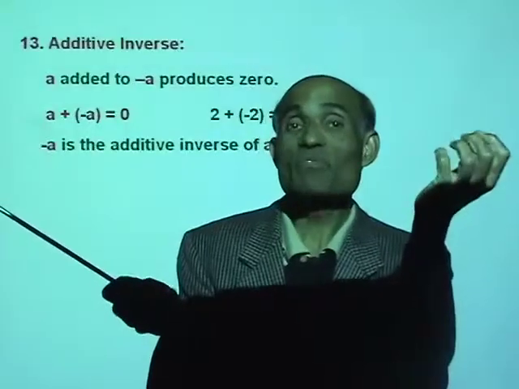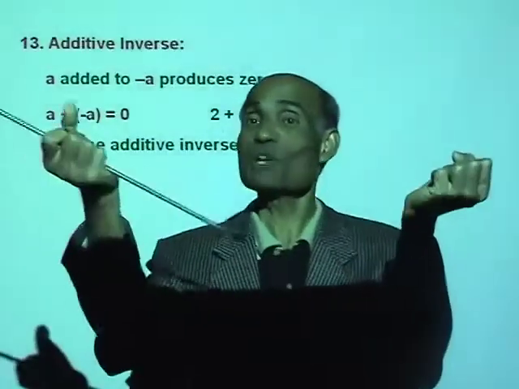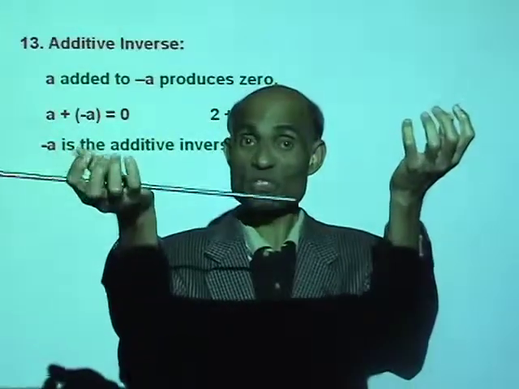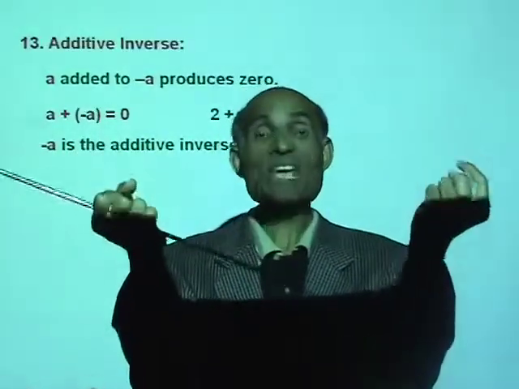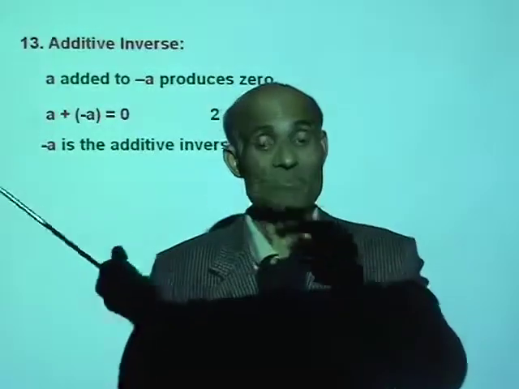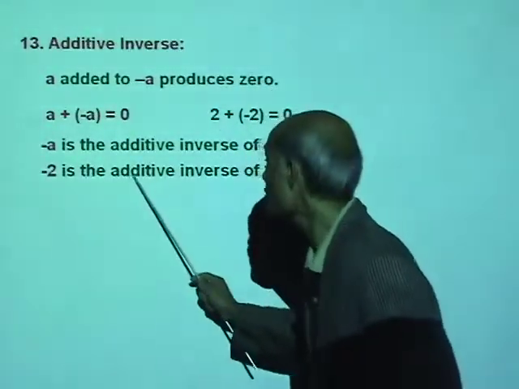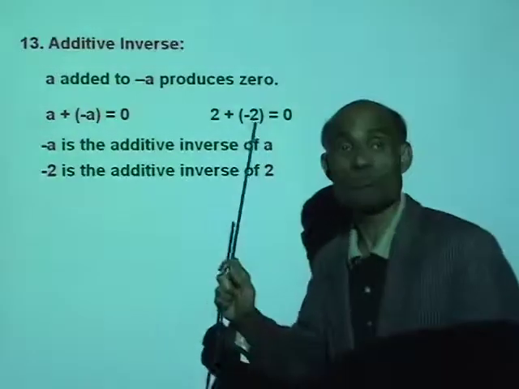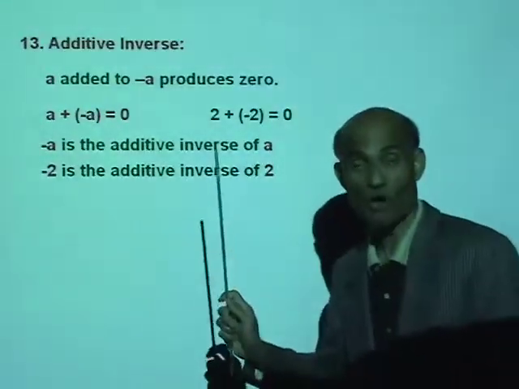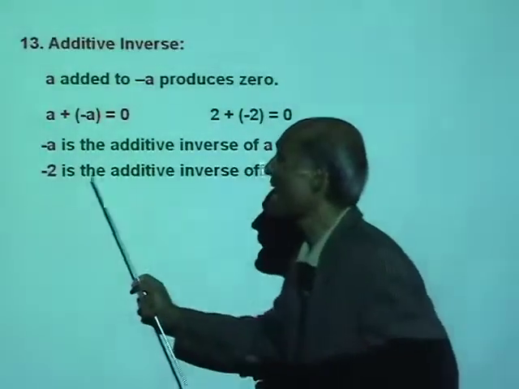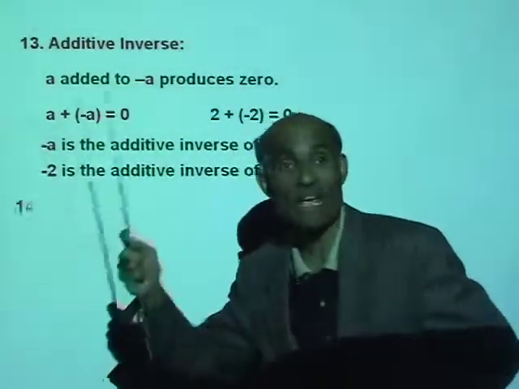The additive inverse of negative 5 is positive 5. You see, the additive inverse of a number is its opposite, the inverse. So negative 2 is the additive inverse of positive 2. Or I can say the other way around, positive 2 is the additive inverse of negative 2.